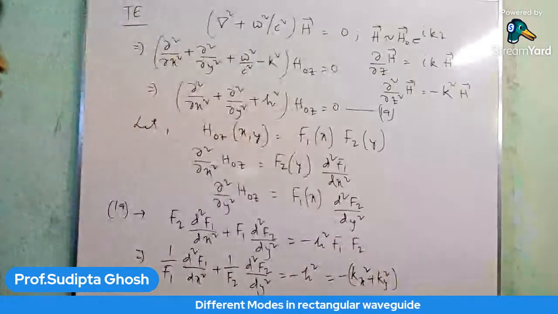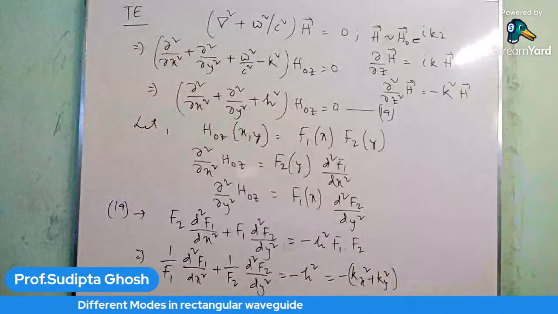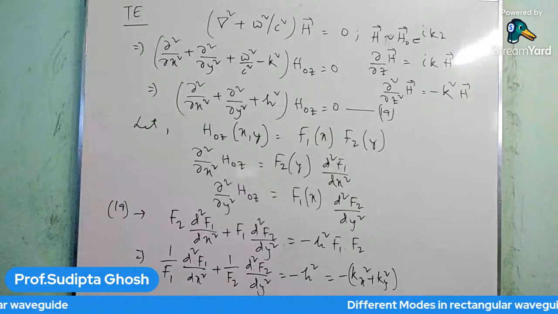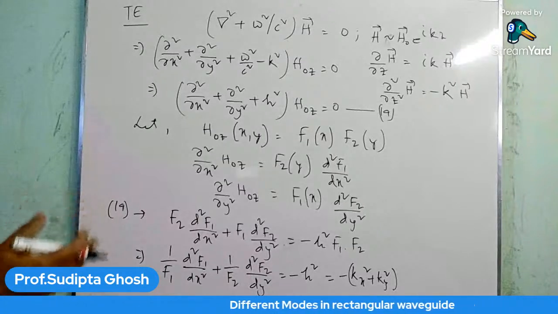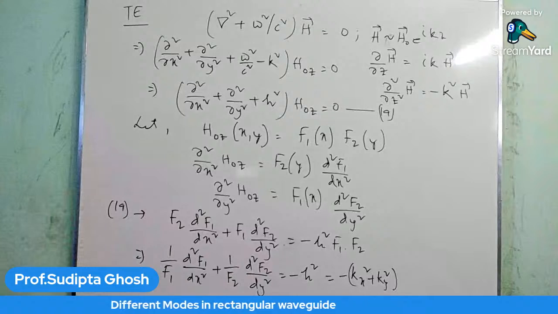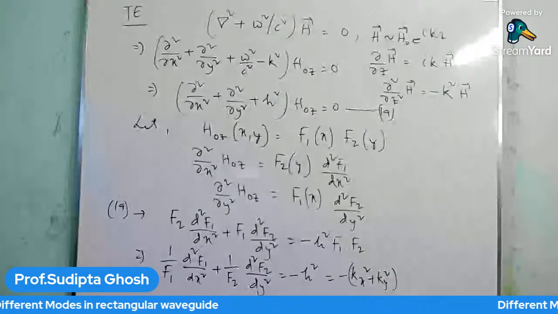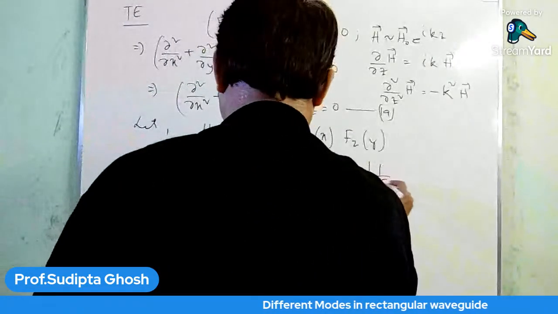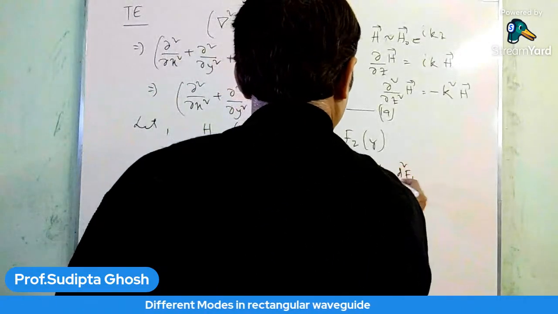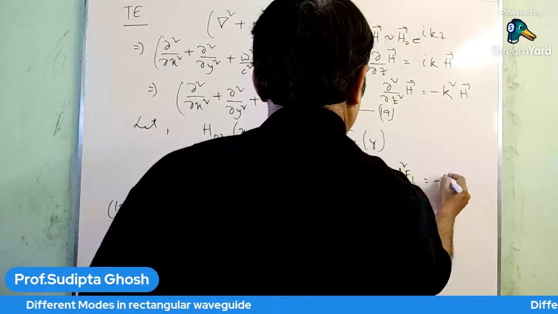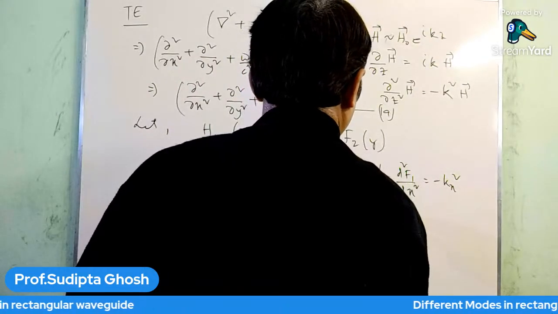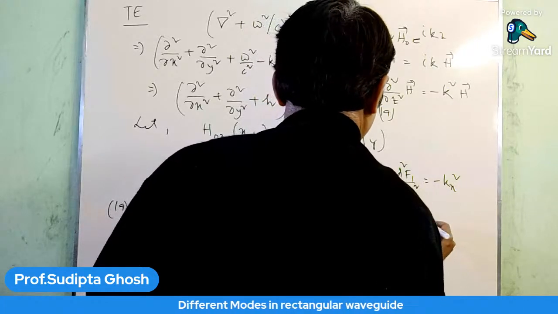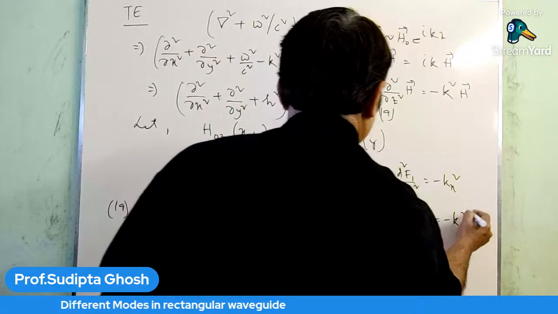So the variables are separated, and the separated equations are 1 by f1 d2 f1 dx2 equals minus kx square, and 1 by f2 d2 f2 dy2 equals minus ky square.